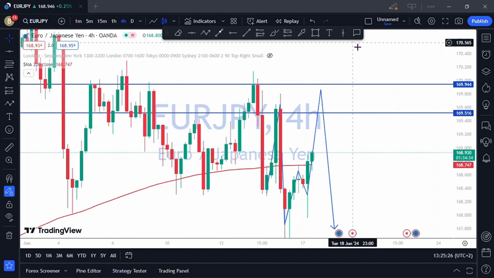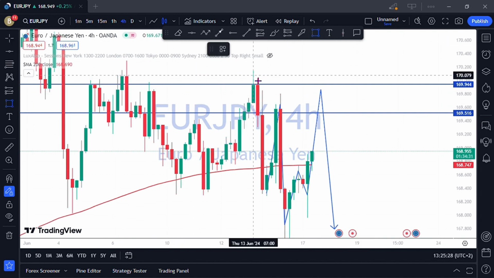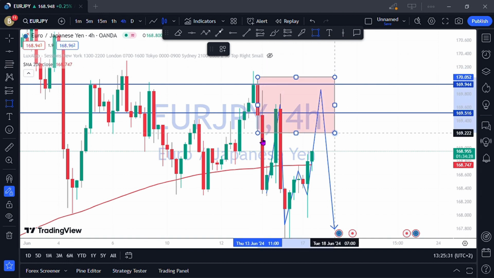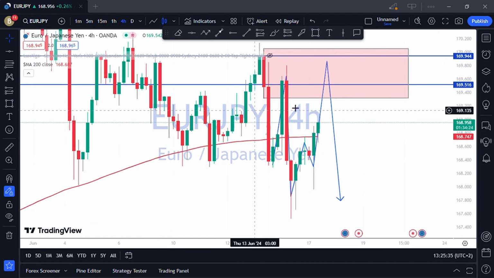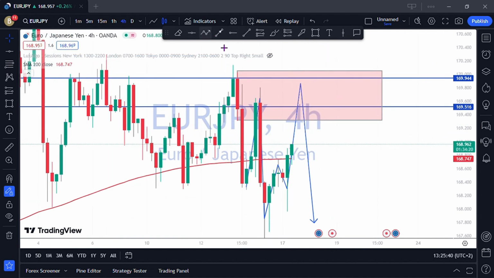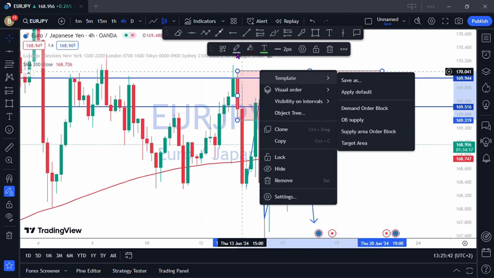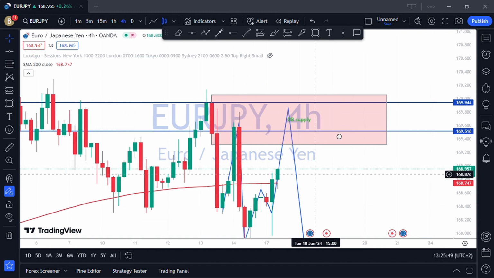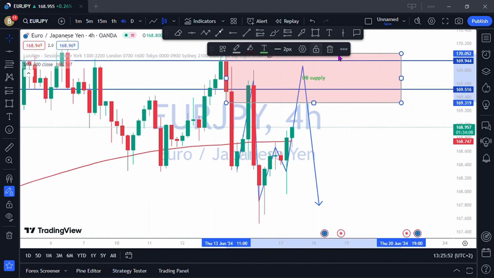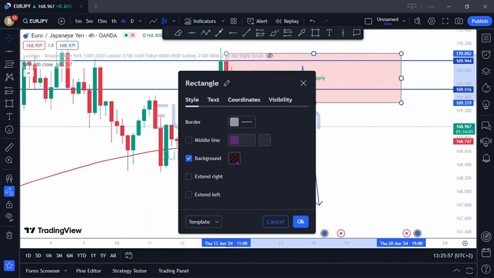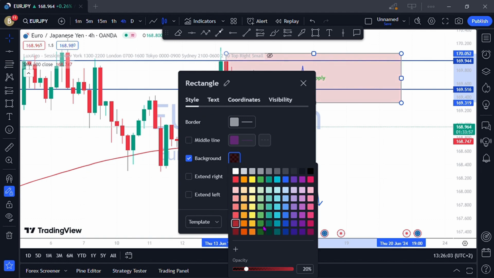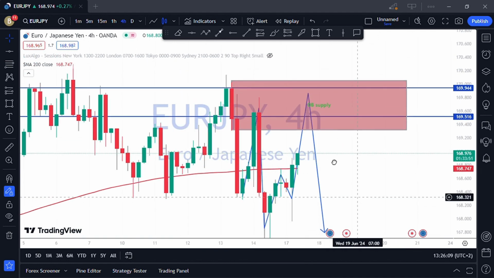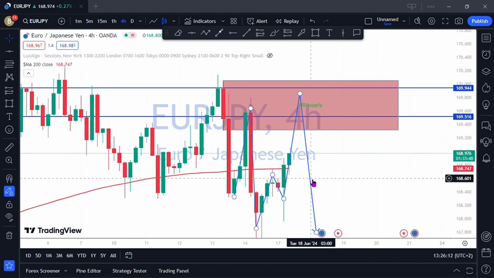So here, right here, we have an area of resistance, or an order block, which price has used, right? And then again, we do have another order block. So this one is supply. As you can see, that is an order block of supply right there.